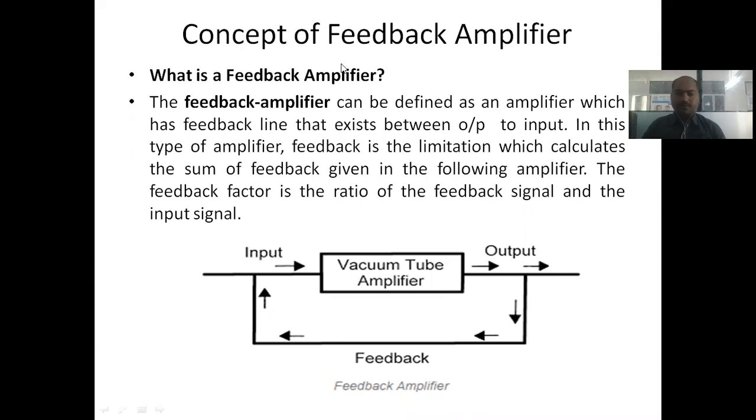We have seen the concept of feedback related to the feedback amplifier, right? So feedback indicates that, see, this is the diagram of the feedback. The vacuum tube amplifier is nothing but any type of amplifier. When designing the transistor, the transistor was designed at near about 1955, right?